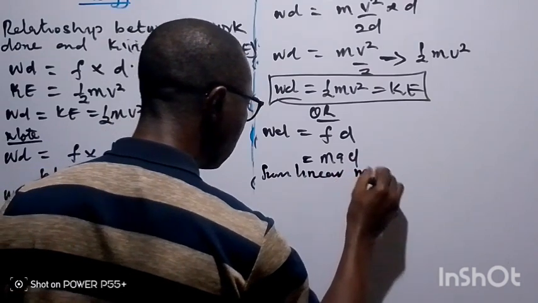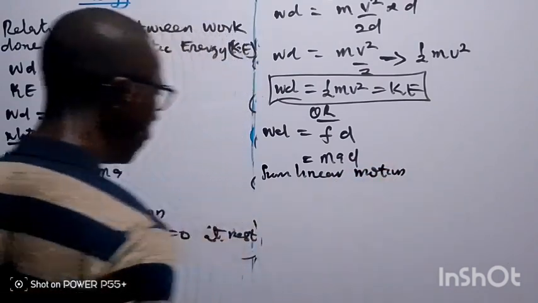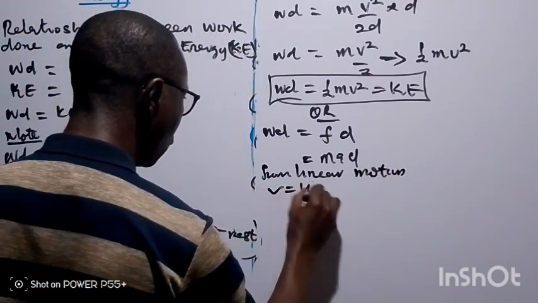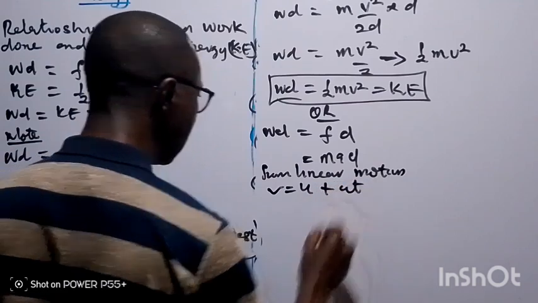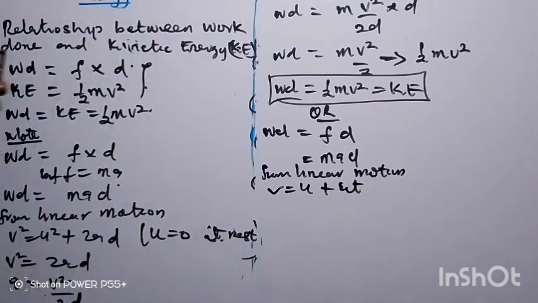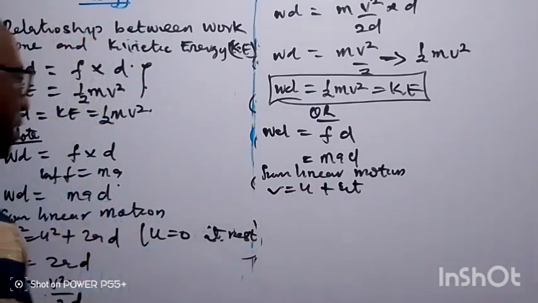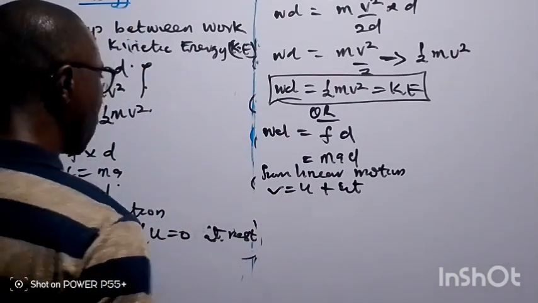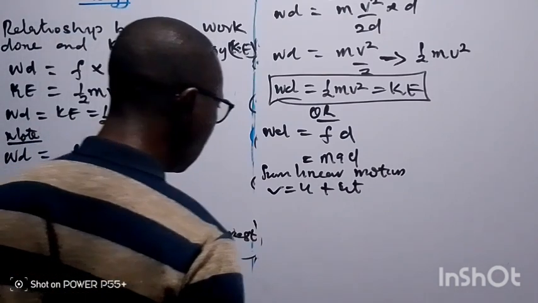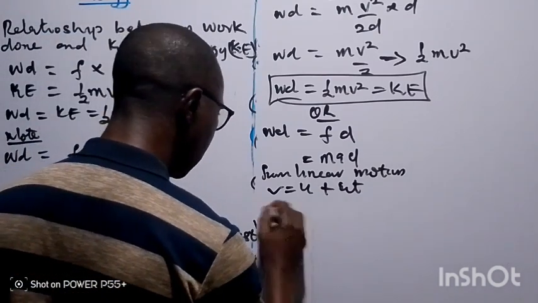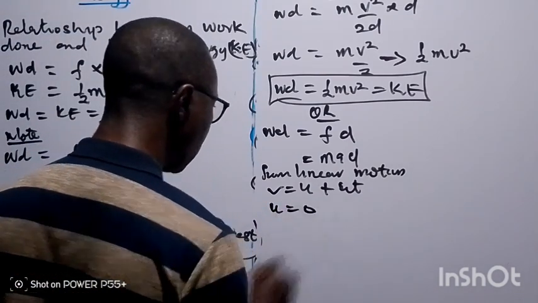Now, to remove this A, say from linear motion, we know that V is equal to U plus AT. Now, make A the subject of the formula. Don't forget, the other time we said U must be equal to 0 because your object must start at rest. So U is equal to 0. Object at rest.